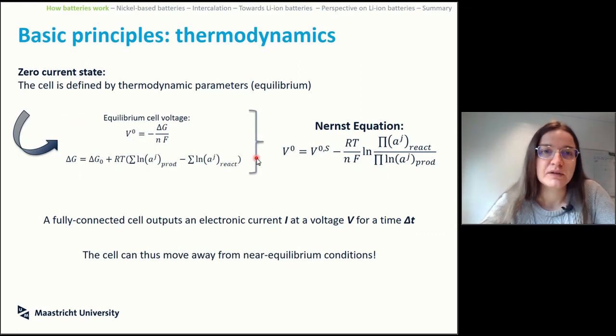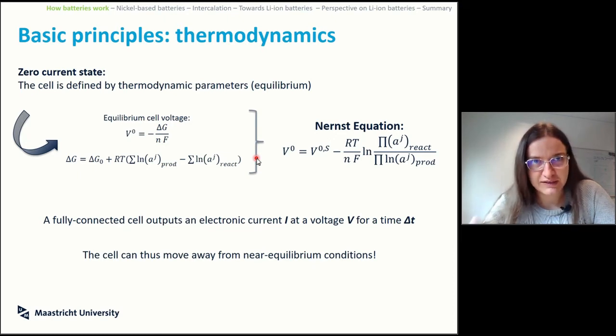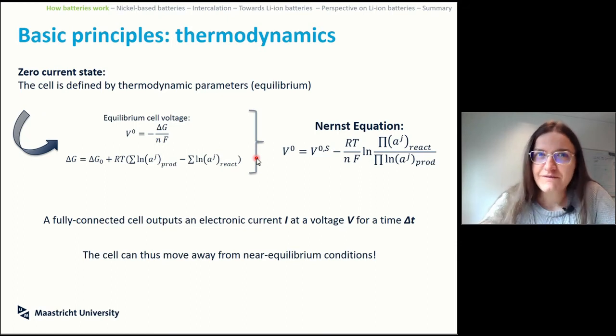You need to remember, though, that thermodynamics, as a definition of the law and of what it can give you, is something that works at equilibrium state. And a cell very rarely goes at equilibrium.